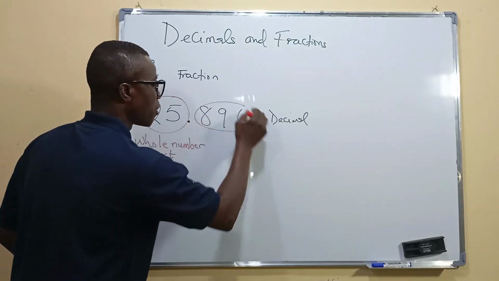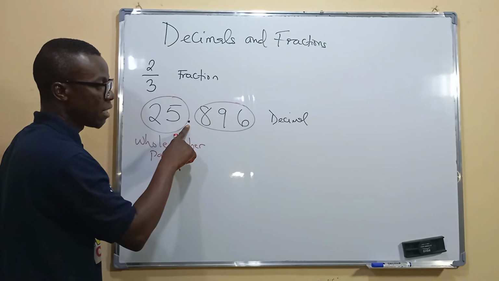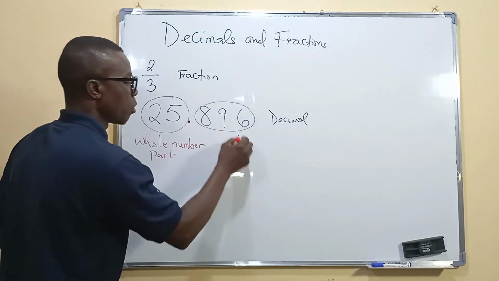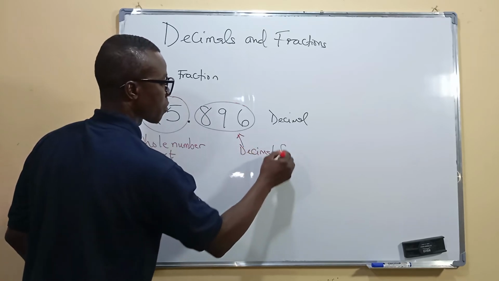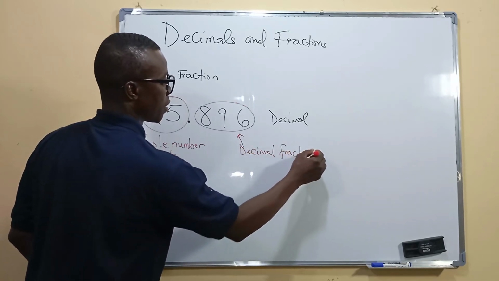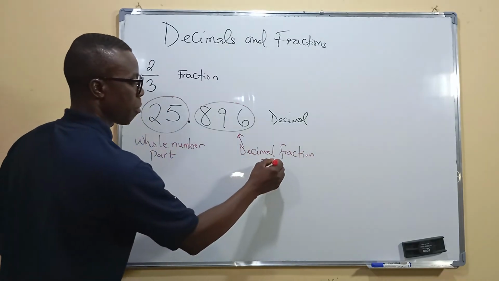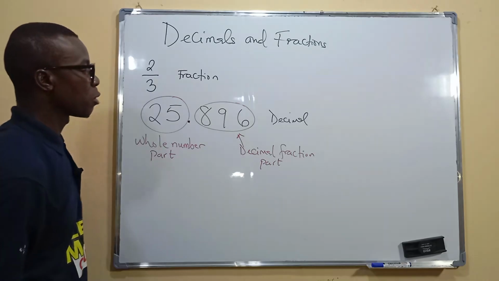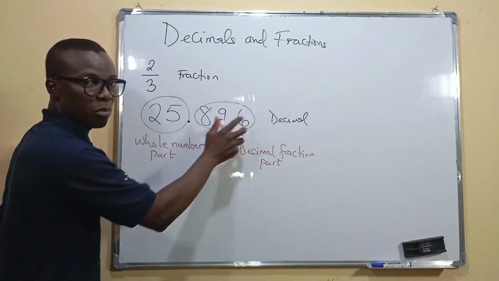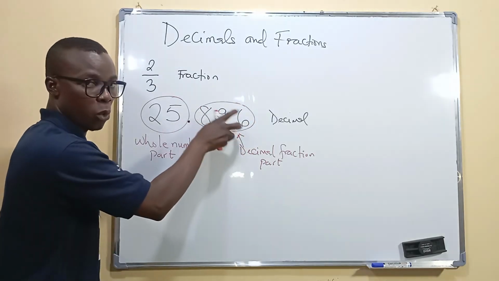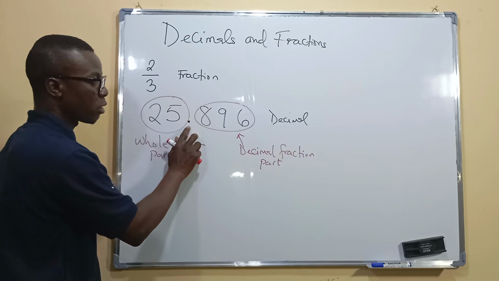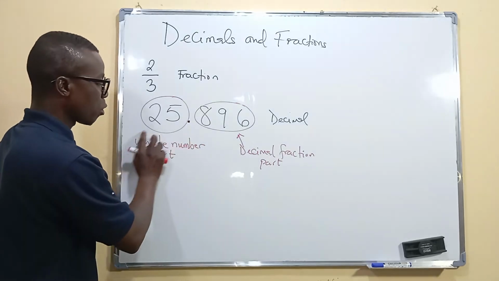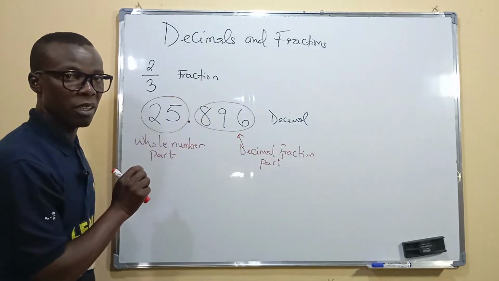And then we have this part after the decimal point. We refer to this as the decimal fraction part. So you have to know that the decimal fraction part is not whole, but these numbers before the decimal point are referred to as the whole number part.